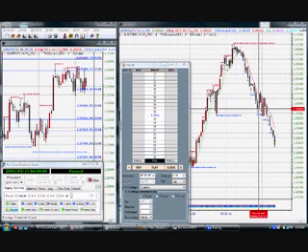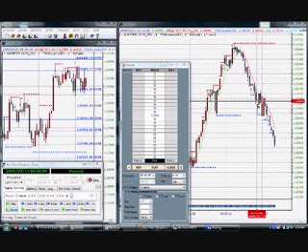The reason that this setup did not pan out was because this initial entry candle right here, which bounced off of support, was followed by a candle that did not open above the middle of that signal candle. So we did not consider this a valid signal to go long.